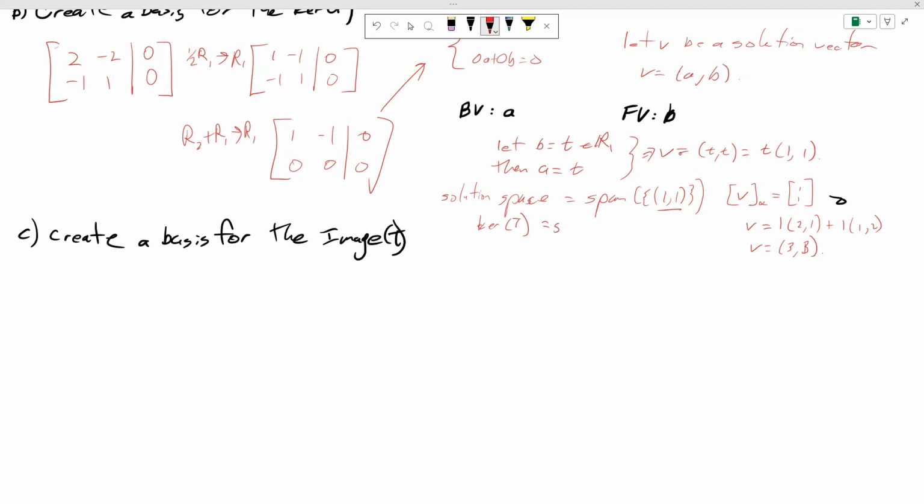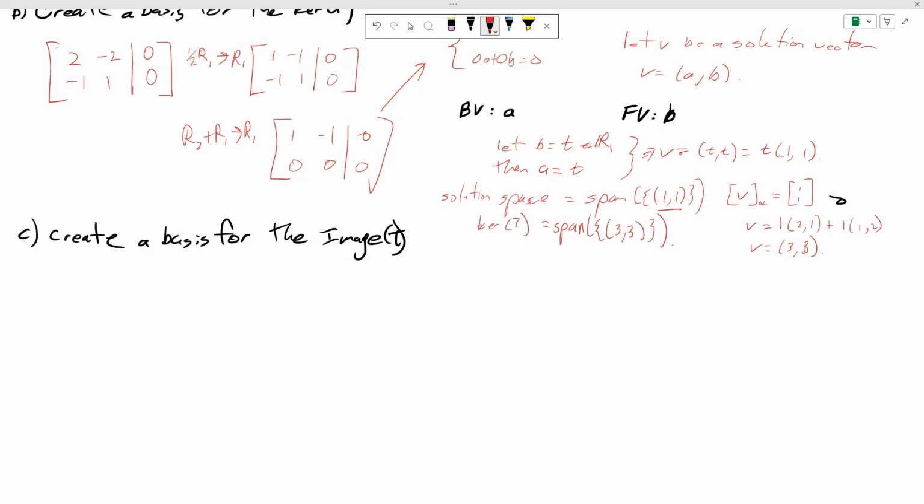But this means that our kernel of T is the span of the vector (3, 3). While these are the same sets, it's just a coincidence. The process we followed, though, will always work as we move forward.